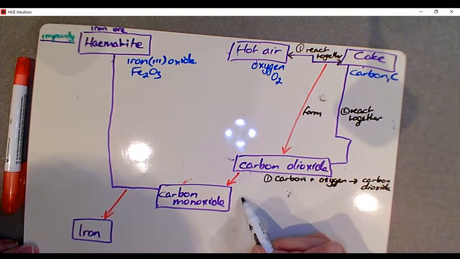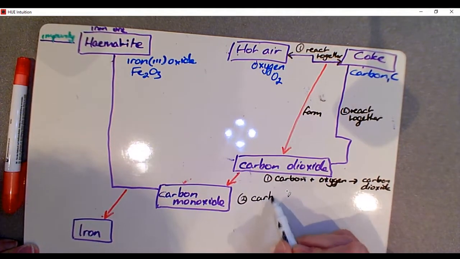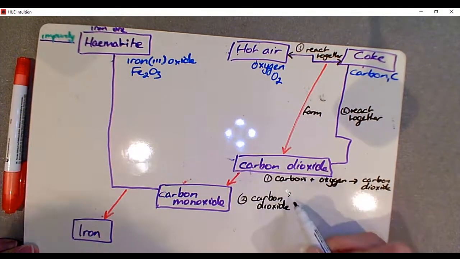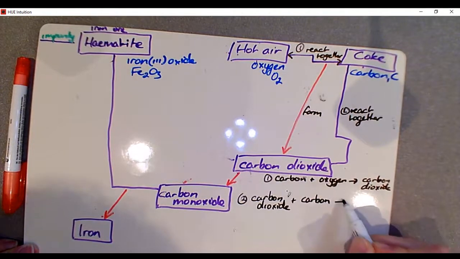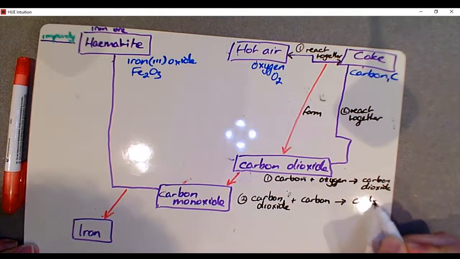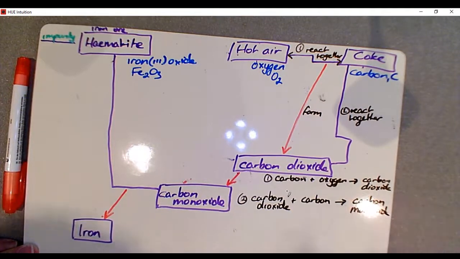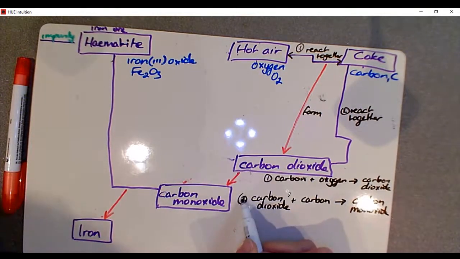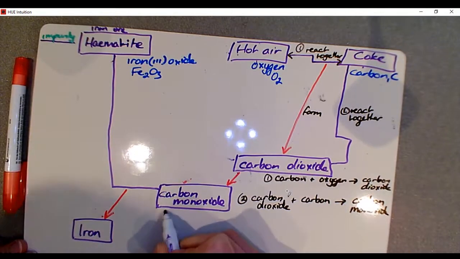And you get a second chemical reaction, which is carbon dioxide plus carbon, arrow, carbon monoxide. Okay, so that's the second process. Now the carbon monoxide is key, right? It's formed within the blast furnace. Now it is the reducing agent.